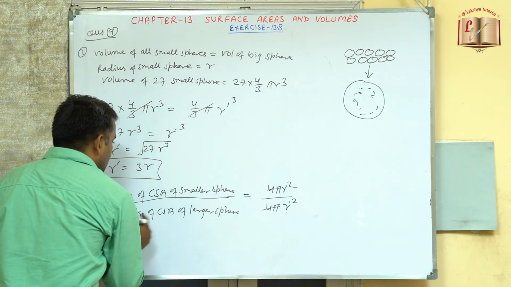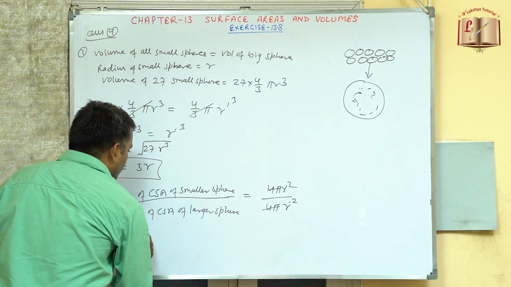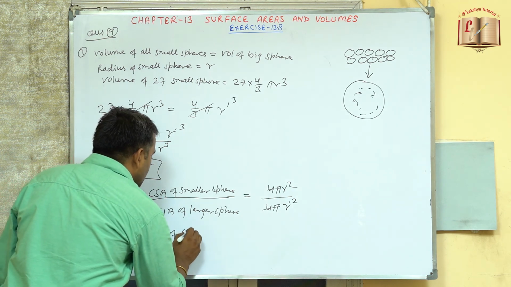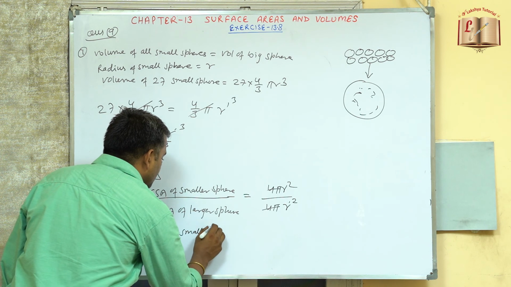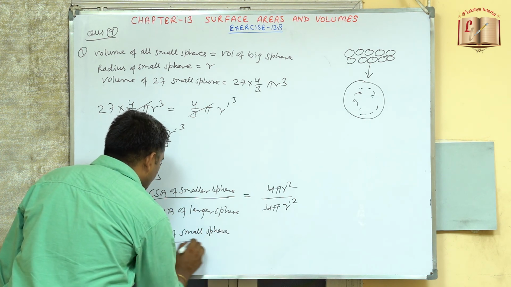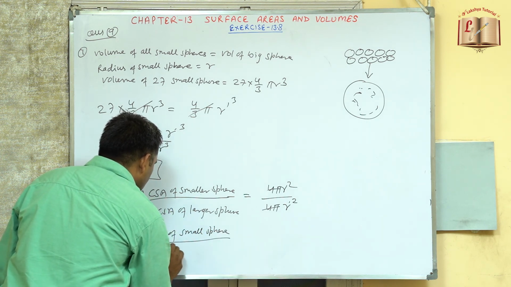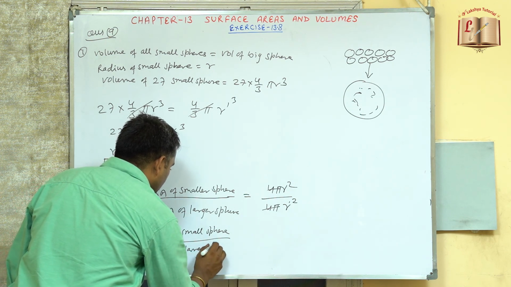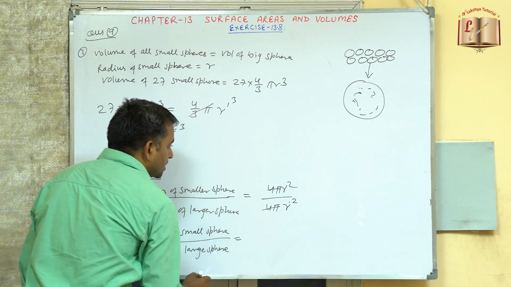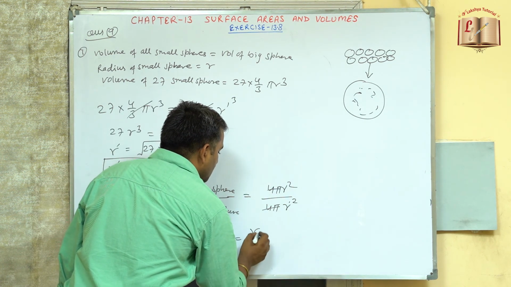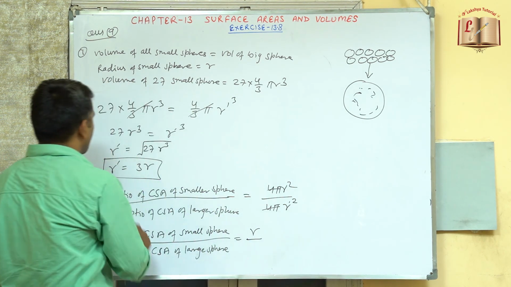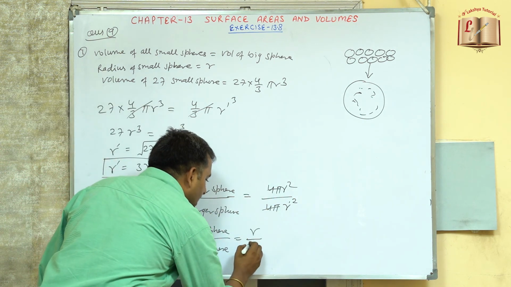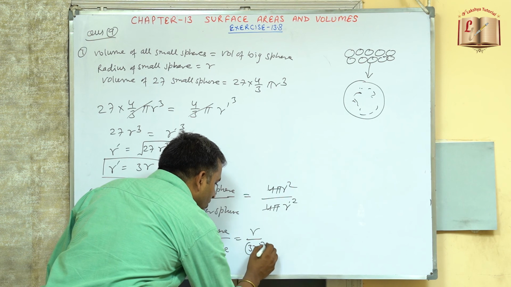So the radius is already given, so 4 pi cancelled. So CSA of small sphere divided by CSA of large sphere is equal to r divided by r dash. R dash is equal to 3r, so we can write this as 3r whole square.